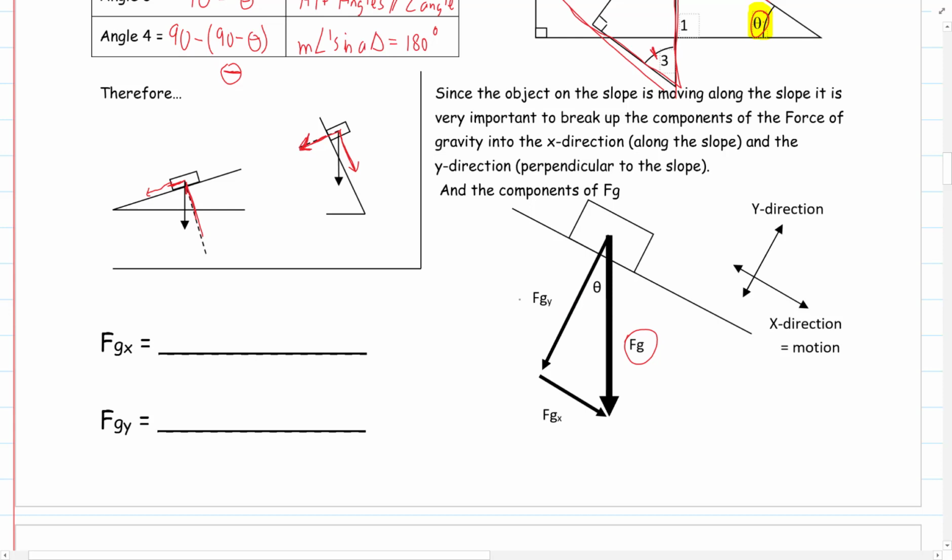So the FGY will be force of gravity times the cosine of theta, which is equal to mg cosine theta. And this is going to be the opposite, so it'll be the sine. So that's the force of gravity times the sine of theta, which is just going to equal mg sine theta.